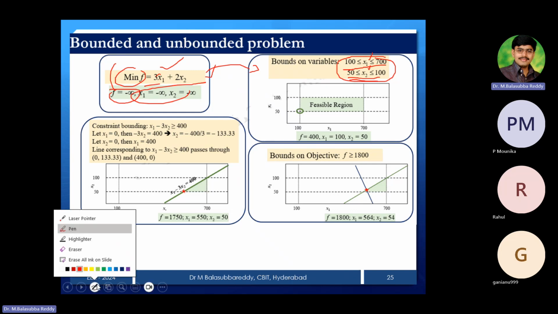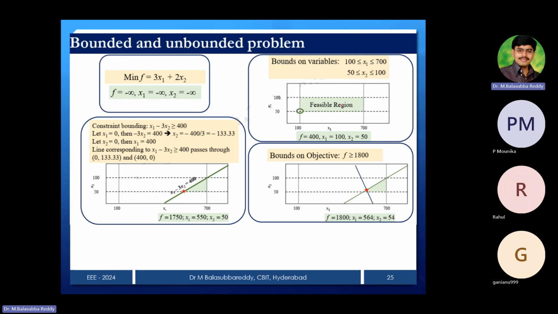So in that case, we can observe the feasible region. What is the feasible region? Let the x-axis be x1 and the y-axis be x2. Then the feasible region is 100 to 700 on the x-axis, this is the starting point and ending point, and x2 value 50 to 100, this is 50, this is 100.